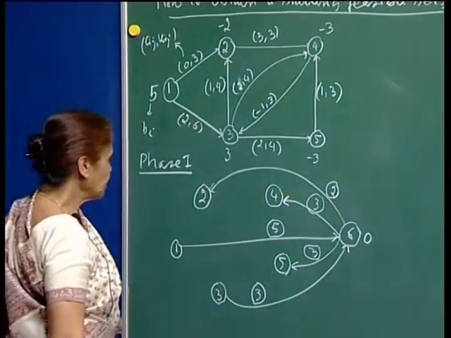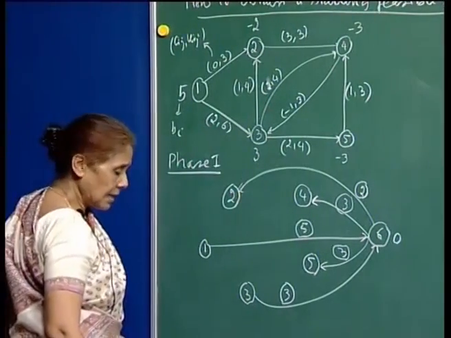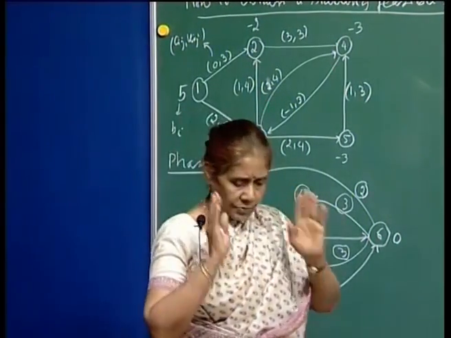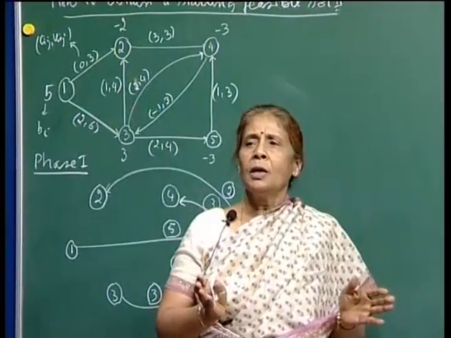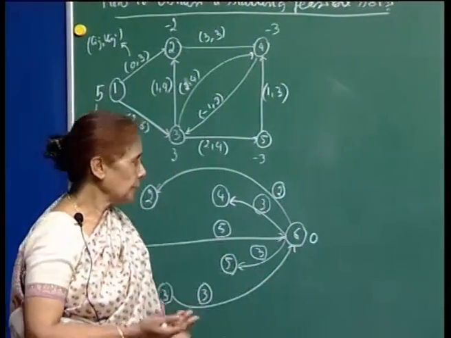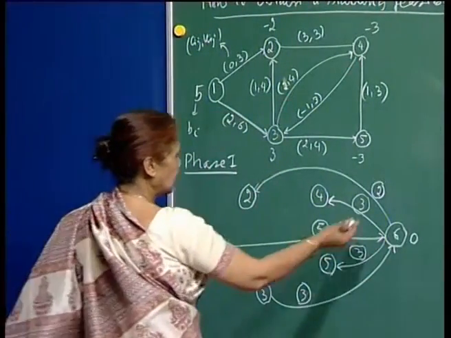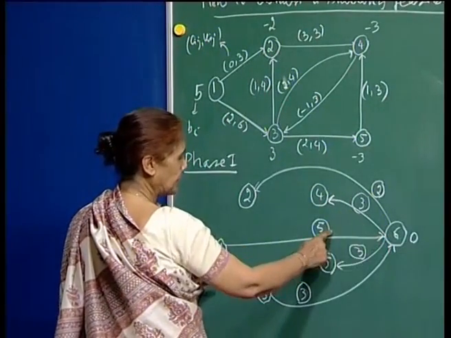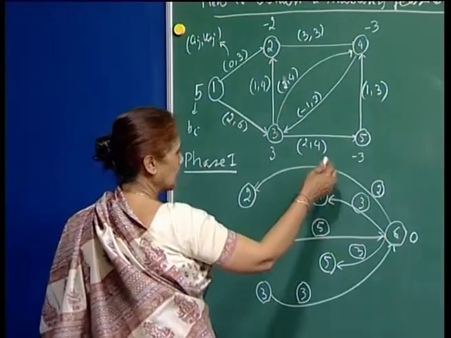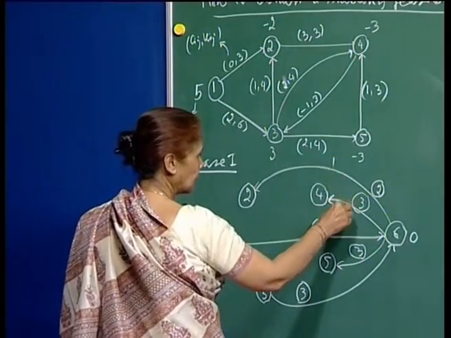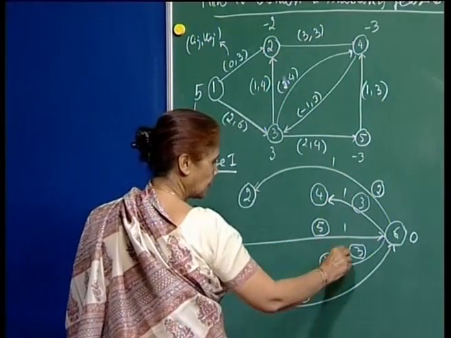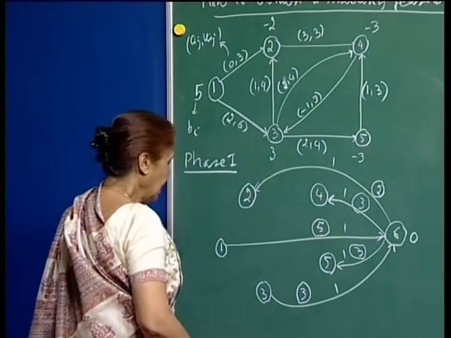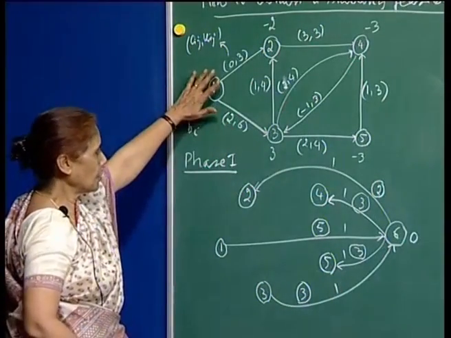So you start, just like in phase 1, with a basic feasible solution with the artificial arcs. Here your starting solution has x16 equal to 5, and the cost of these arcs will be 1, just like in phase 1, and the original costs will all be zeros.